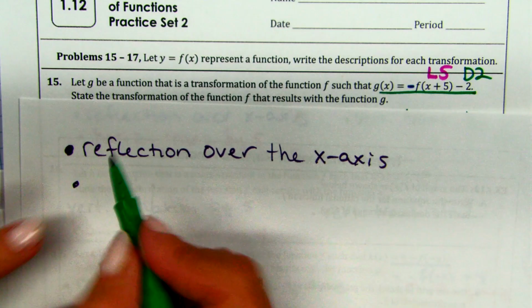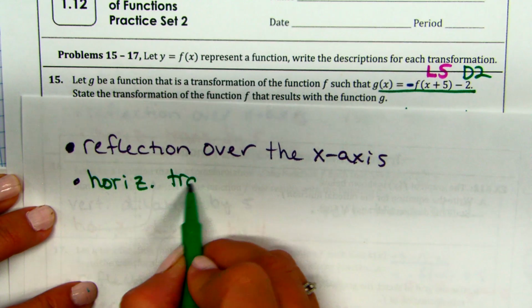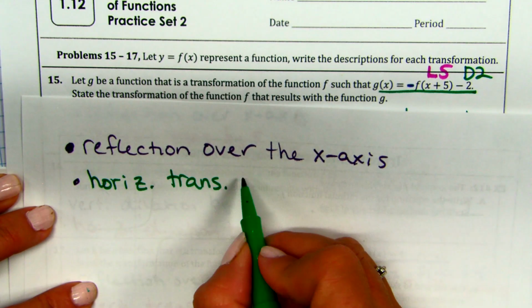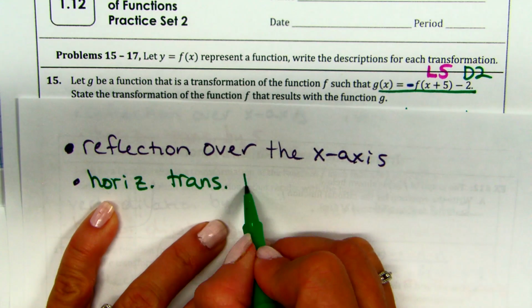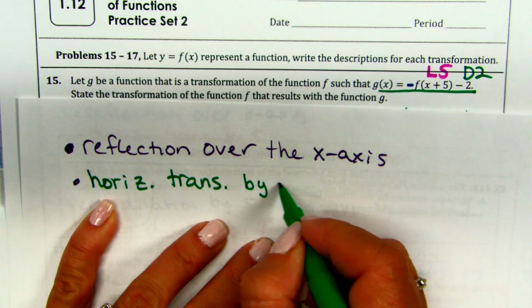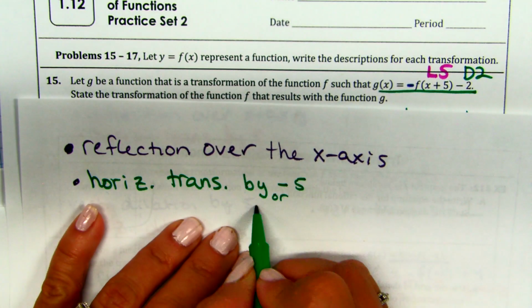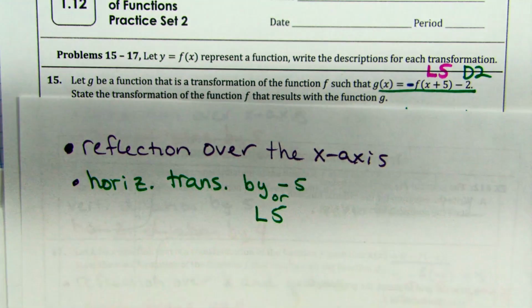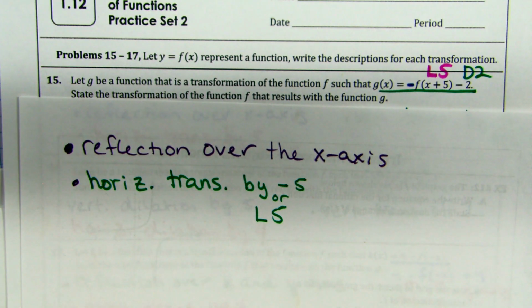We know that that's a horizontal translation. And you can say one of two things. You don't have to say both, but you may see both. So that's why I keep going over it. By -5 or left 5. You're allowed to use left or right if you've already established it's a horizontal translation. Think about when you pull it out, you change the sign, right?